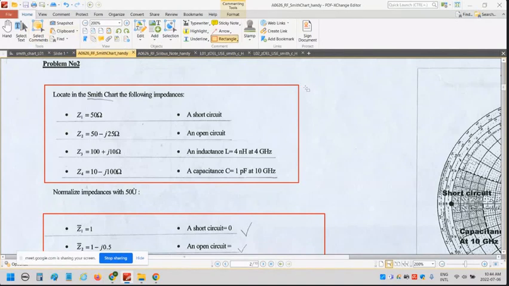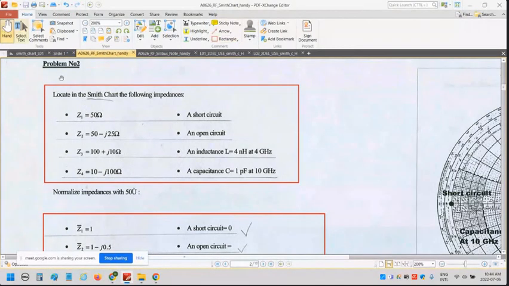Normally, if I do not give you the normalized impedance, you just use 50. If it says to normalize with 60, you need to use 60, or the value can also be 70. But if I do not tell you, you standardize and use 50.